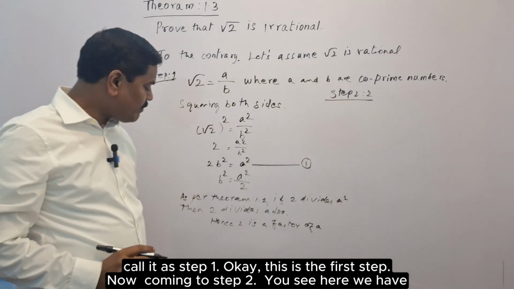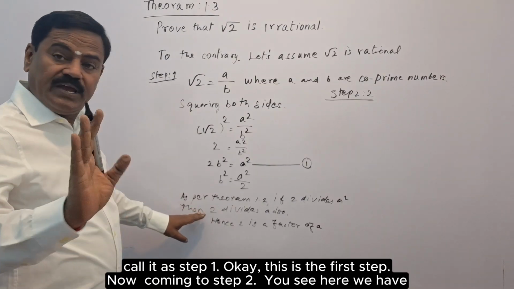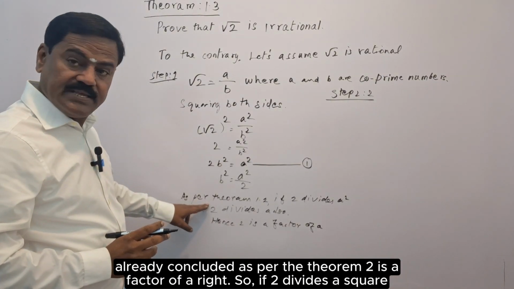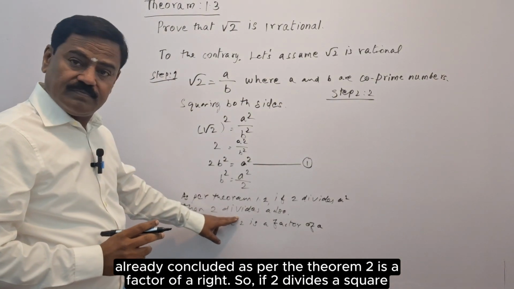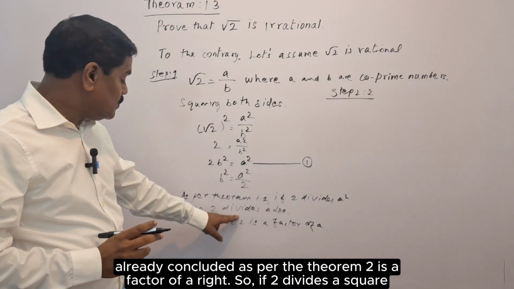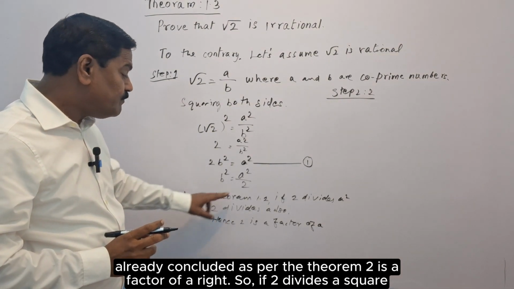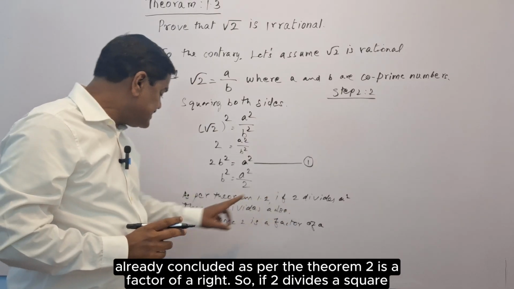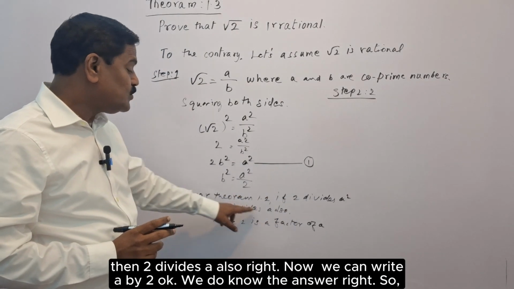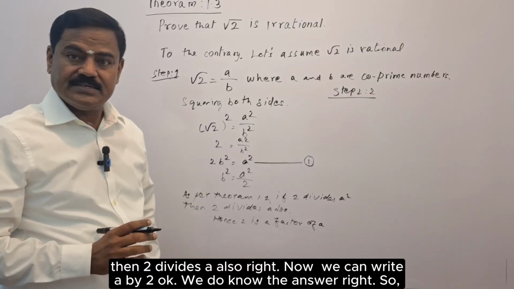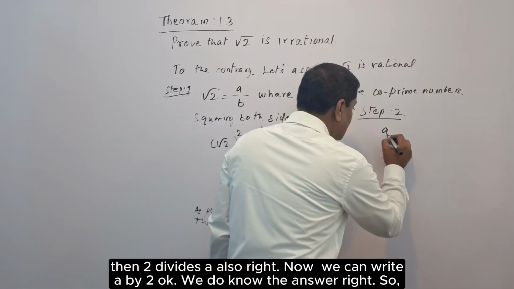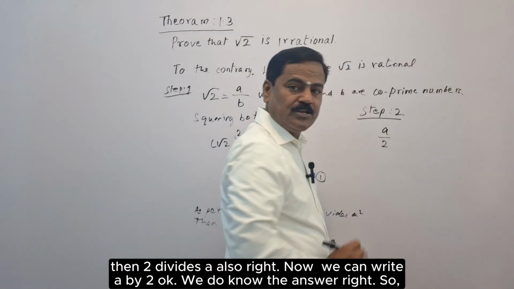You see here, we have already concluded as per the theorem that 2 is a factor of a, right? So if 2 divides a square, then 2 divides a also. Now we can write a by 2.